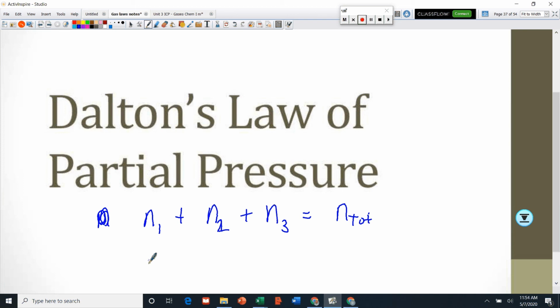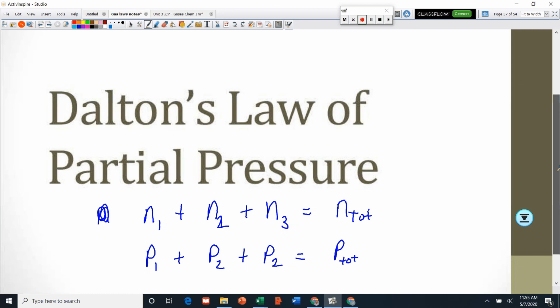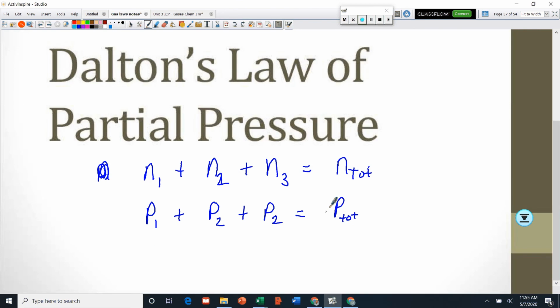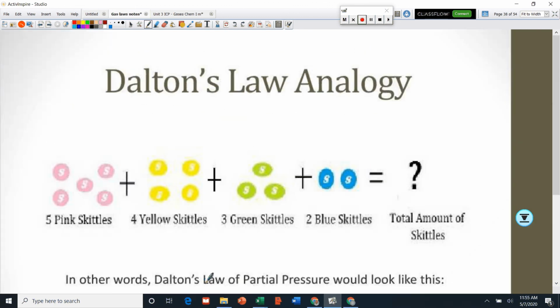What that also tells us is that the pressure of each of those gases is also additive. So if we know the individual pressures of the gases, we can know the total pressure. Or if we know the total pressure and two of the partial pressures, then we can find the third. And also, if we know the pressure of the gas, we can find out the number of moles as well.